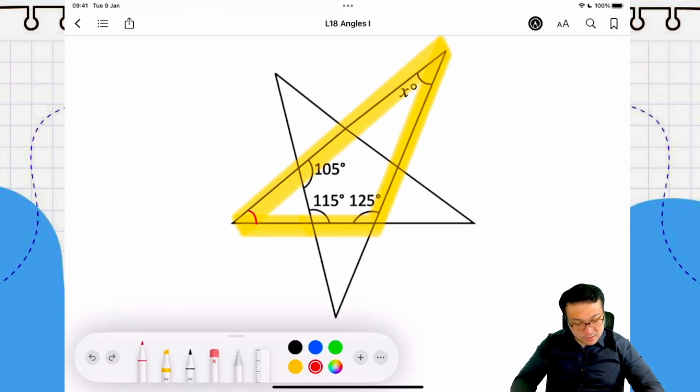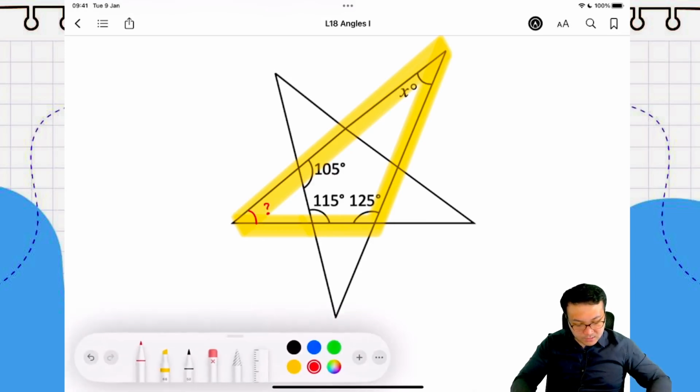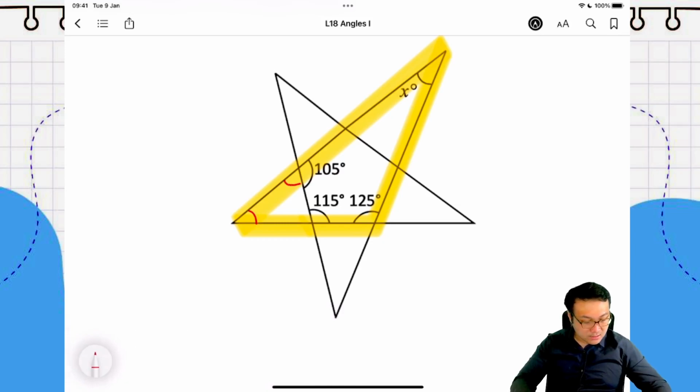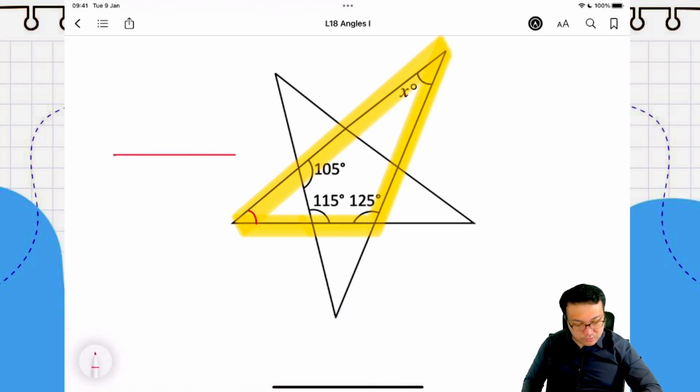Okay? So now the question is, how do you find this angle? Of course, we already know that we can find this angle, and we already know we can find this angle. Am I right? You actually don't need to find all the angles. You can make use of the exterior angle rule again.